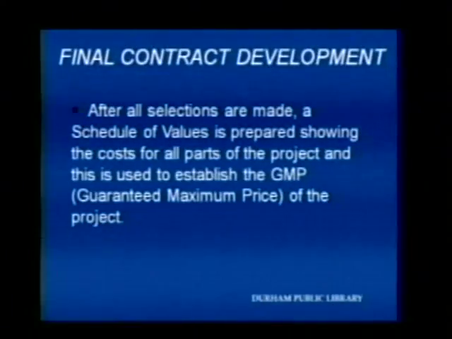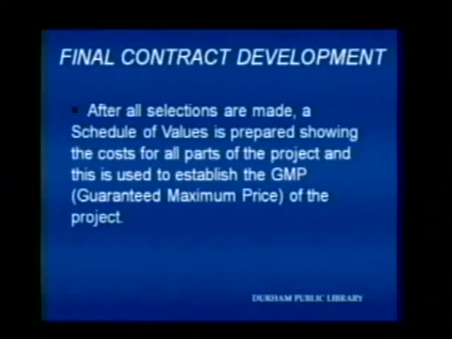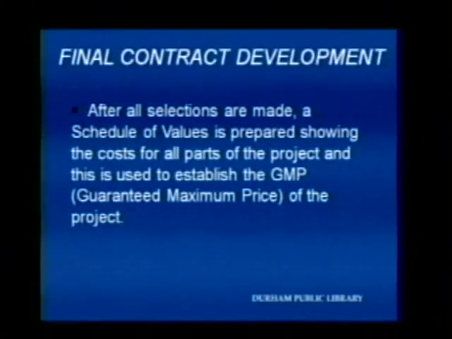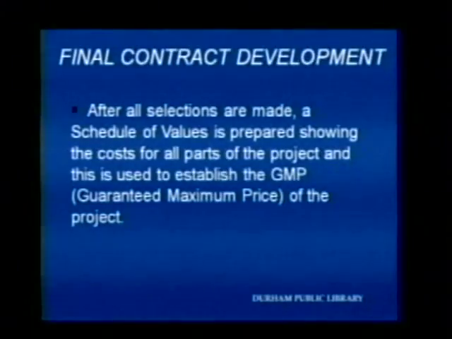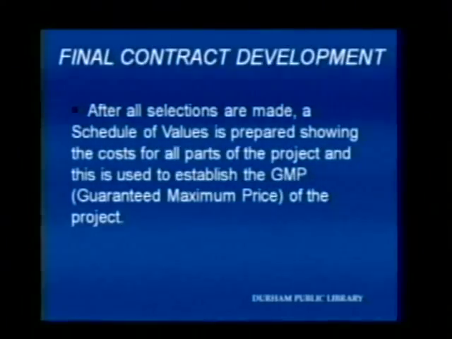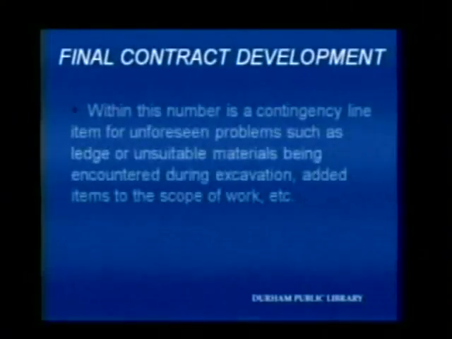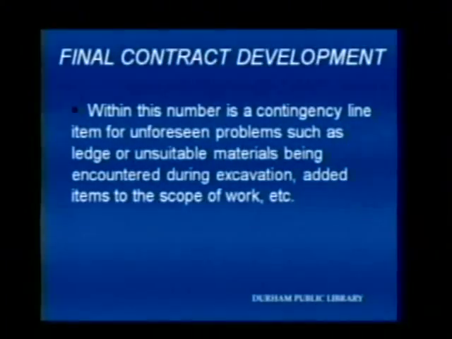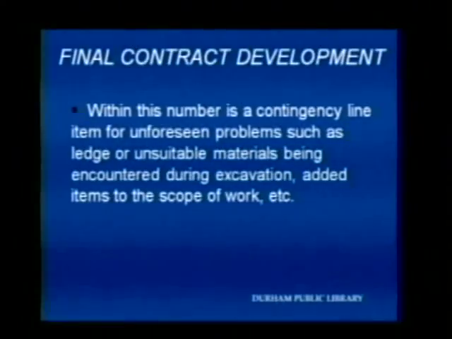So at the end of that process, we'll take all the final bidders and supplier numbers and put them into a schedule of values, and that's what forms the guaranteed maximum price. And that is how we'll ultimately reach the final construction cost of the project. And every month we review that with the building committee when we do our requisitions.